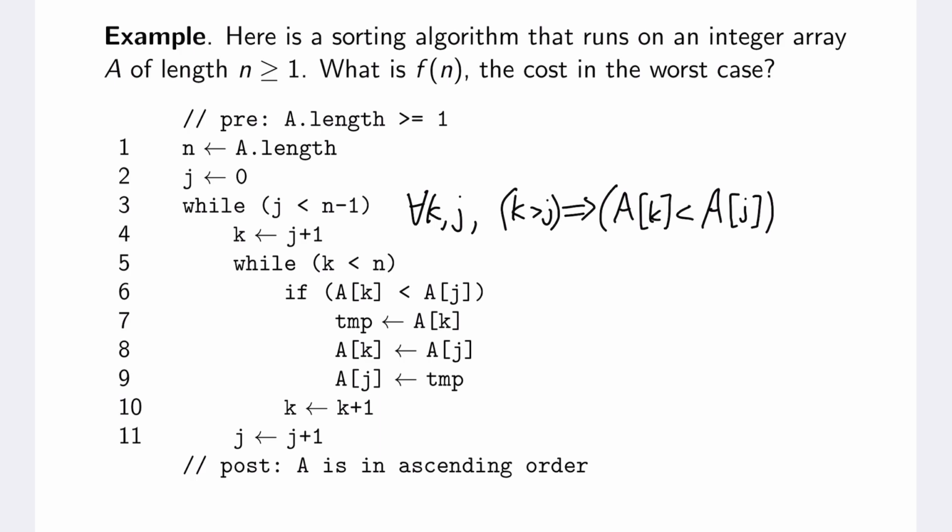So I think this is a correct expression of the worst case. If for all k and j in some sensible set, like the set of all natural numbers, if k is greater than j, then A at k will be less than A at j.